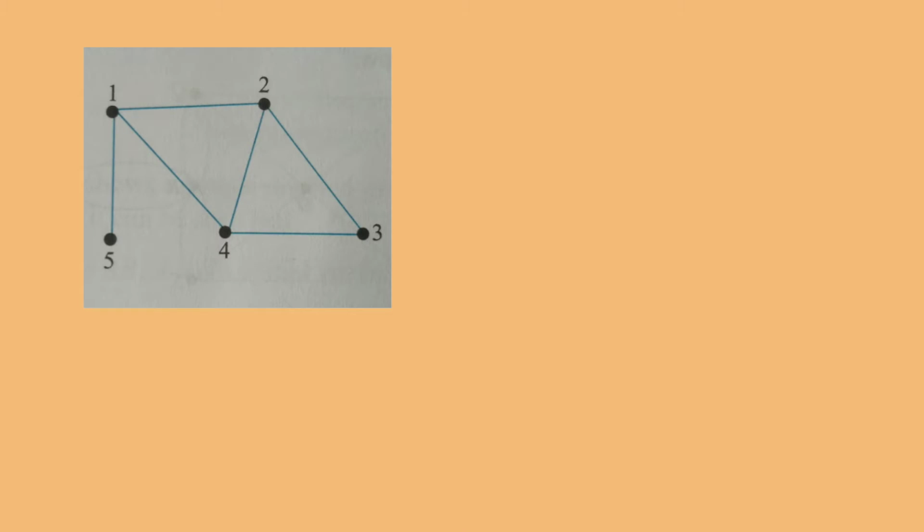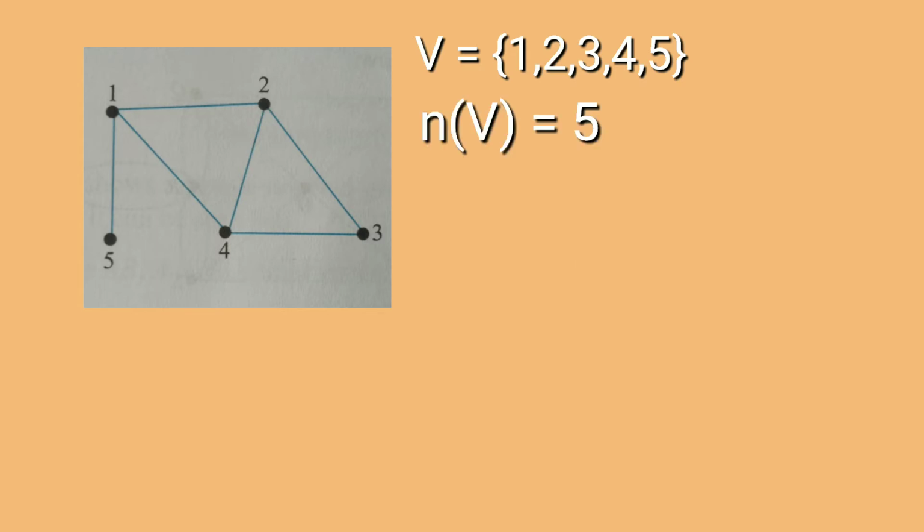Okay, let's do this together. First of all, we need to find all the vertex. I got V equal to curly bracket 1, 2, 3, 4, 5, curly bracket. Now, we got the total number of vertex is 5.